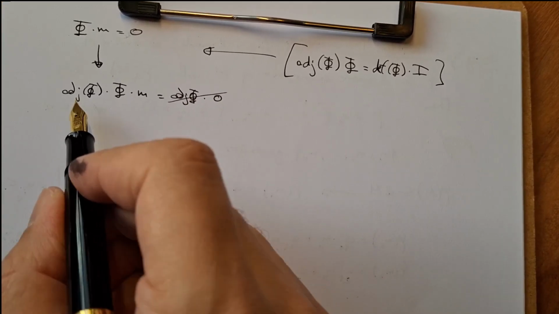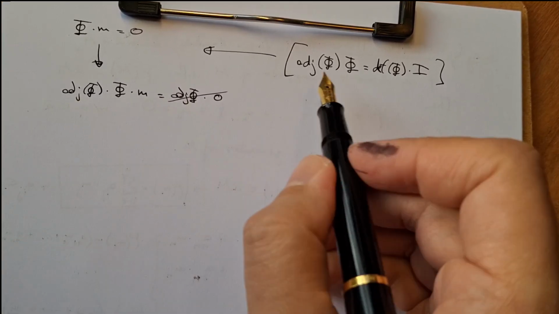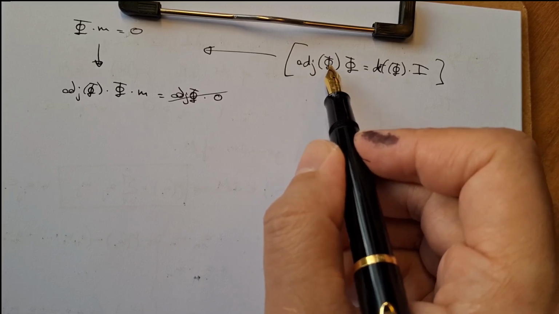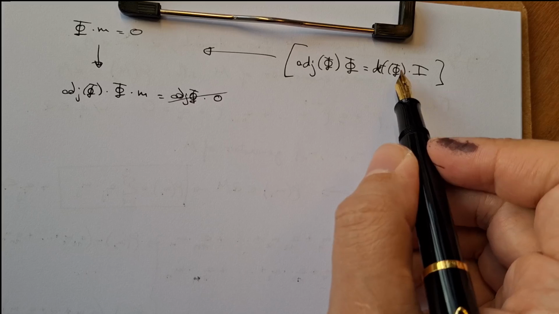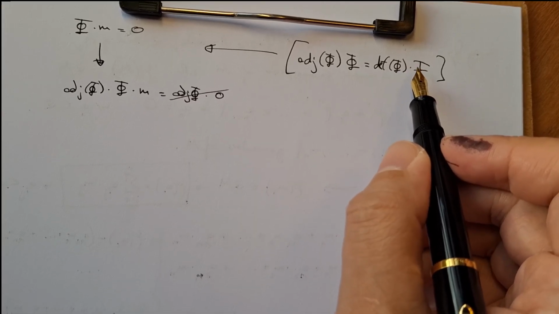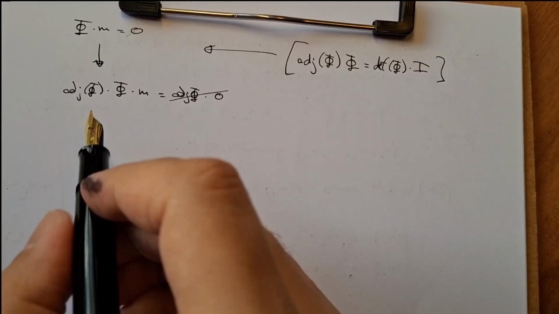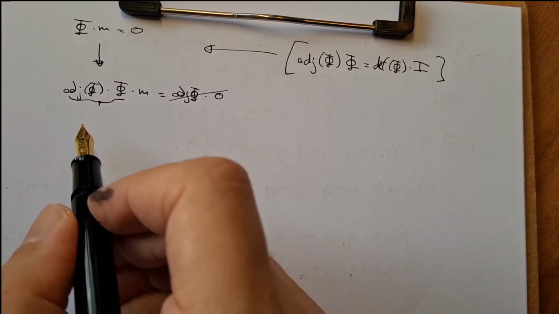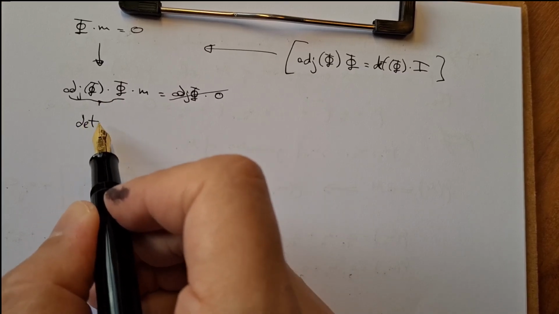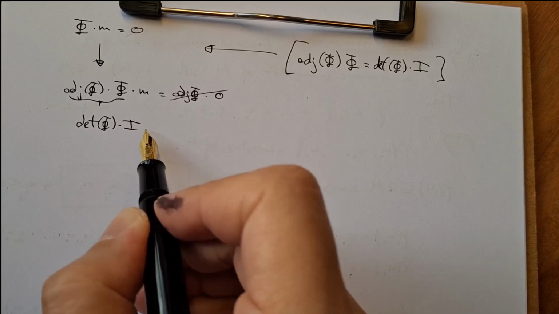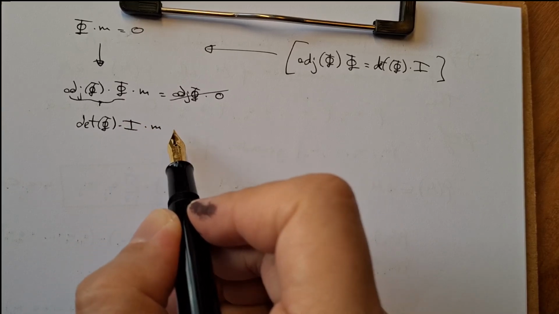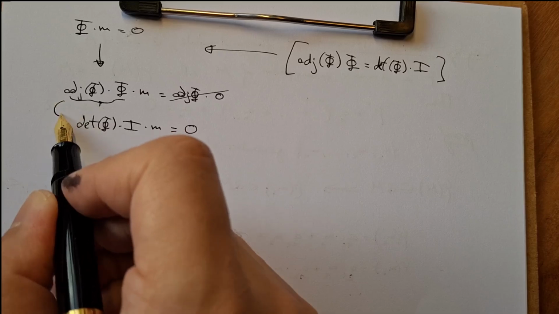Notice that the adjugate of the matrix multiplied by the matrix equals the determinant of the matrix multiplied by the identity matrix. So this is the determinant of psi multiplied by the identity matrix multiplied by M. And this equals 0.